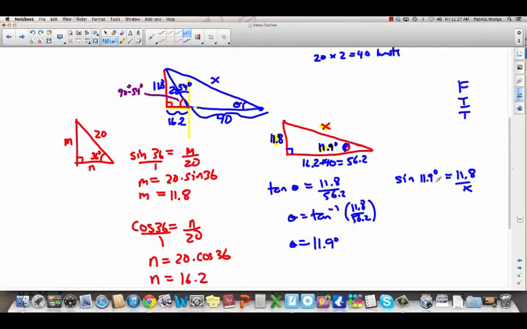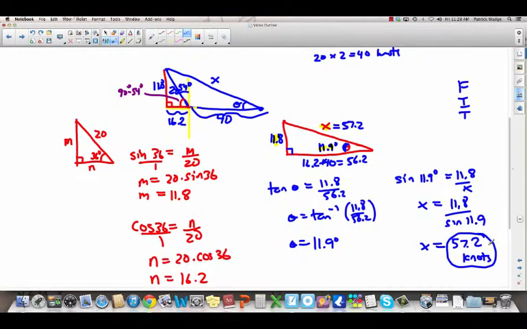Oh, x is on the bottom, got to switch them. So x equals 11.8 over sine 11.9. And if you divide 11.8 by sine 11.9, you get 57.2. This distance up here is 57.2. 57.2 what? Knots. Okay, we found the distance. The boat has traveled 57.2 knots.